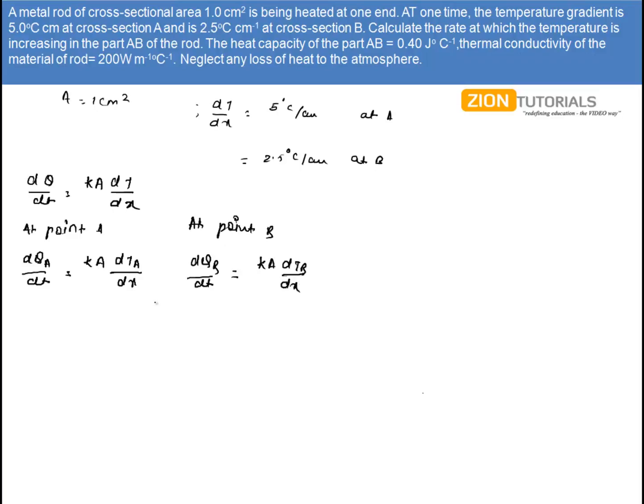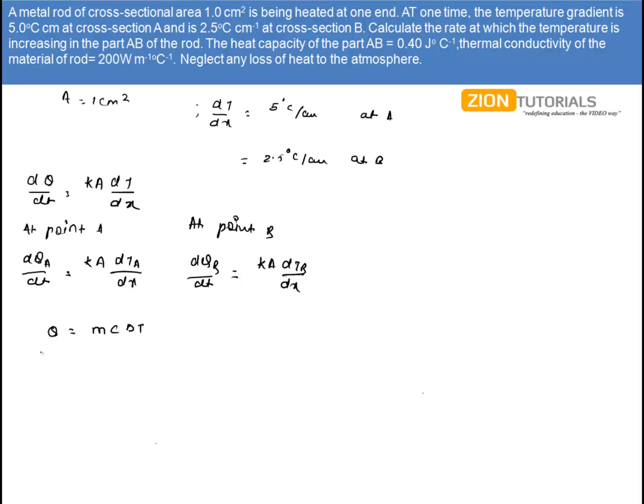Now due to this there is a temperature increase in the part AB of the rod due to the temperature gradient. So clearly, let's say Q is the heat that is gained by the rod, so this Q will be written as mc delta T. This is the temperature variation of the rod AB.